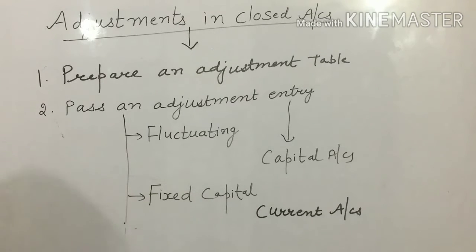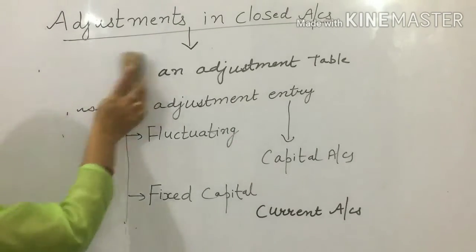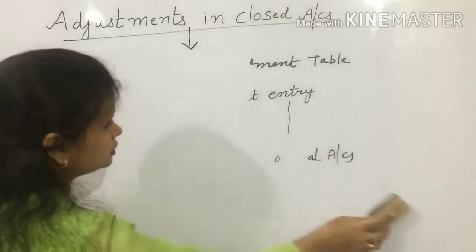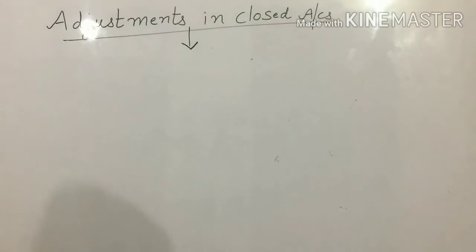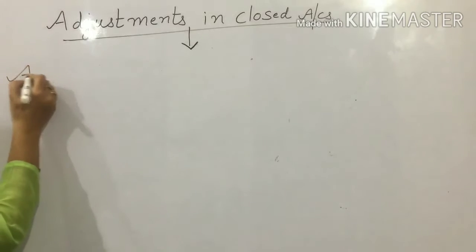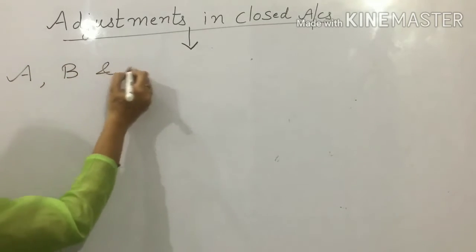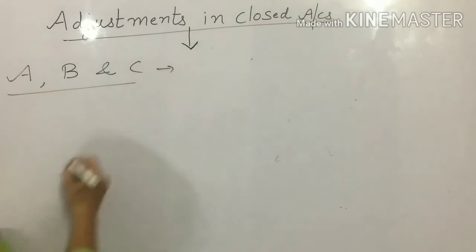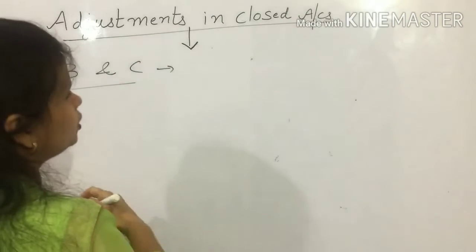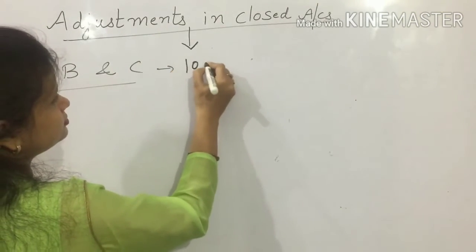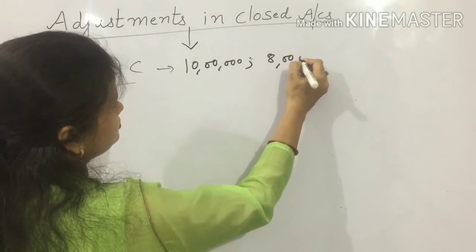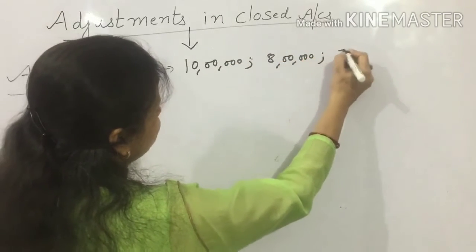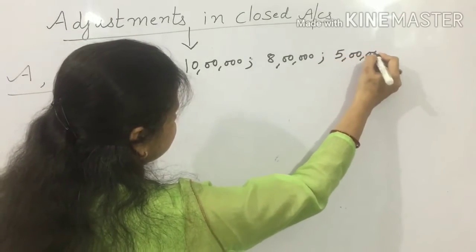Now let us discuss some practical questions so that this concept will be clear to all of you. Let us suppose three partners are there, A, B and C, with capitals of rupees 10 lakh, 8 lakh and rupees 5 lakh respectively.